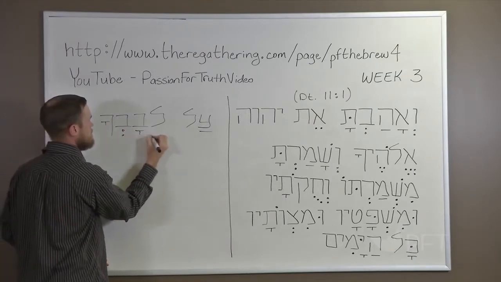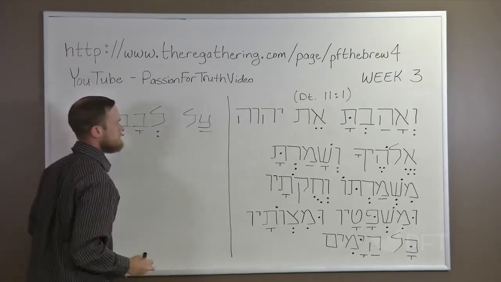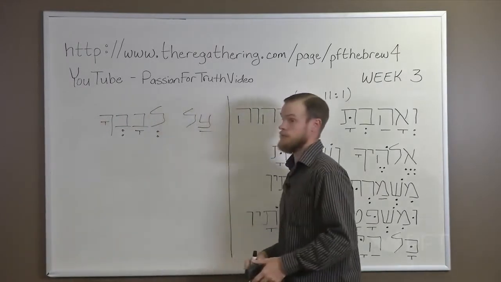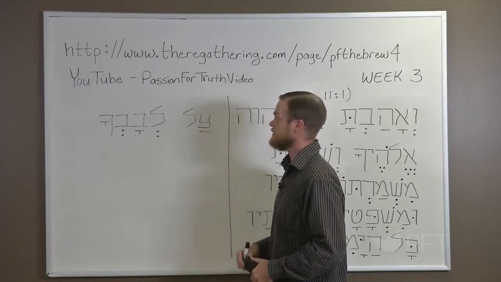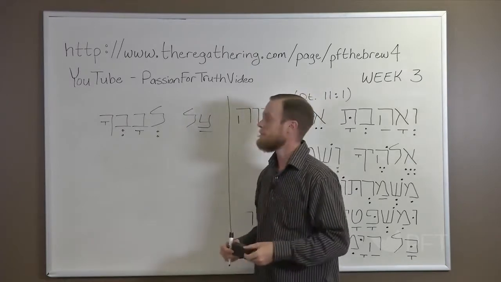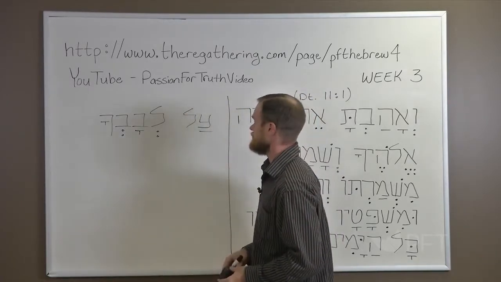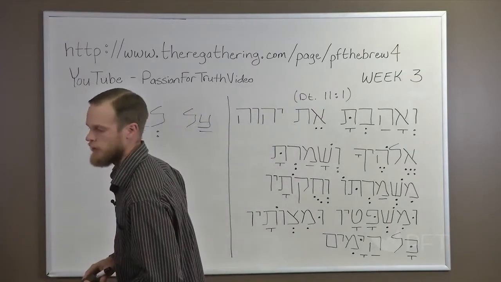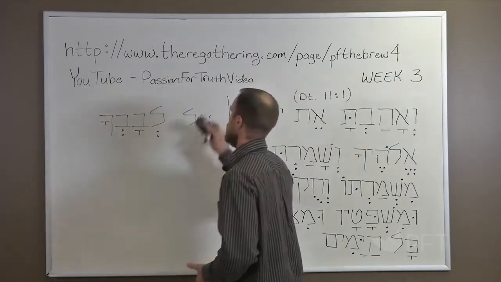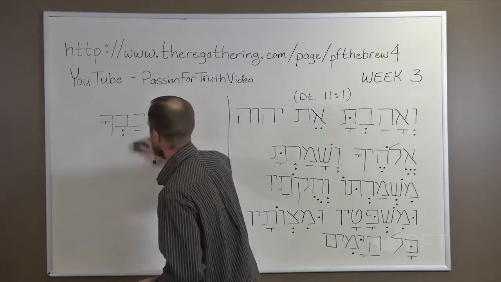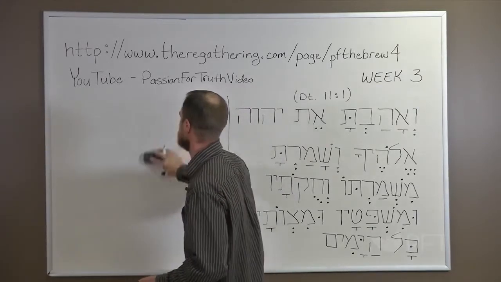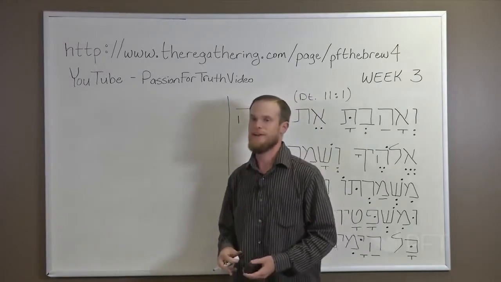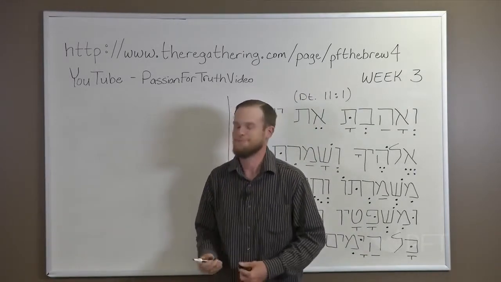Al is upon, and levavcha, we've already talked about, means on your heart. And I think actually that's the end of verse 6, isn't it? Okay, good. All right, so any further commentary or questions on verse 6, or on the entire thing?